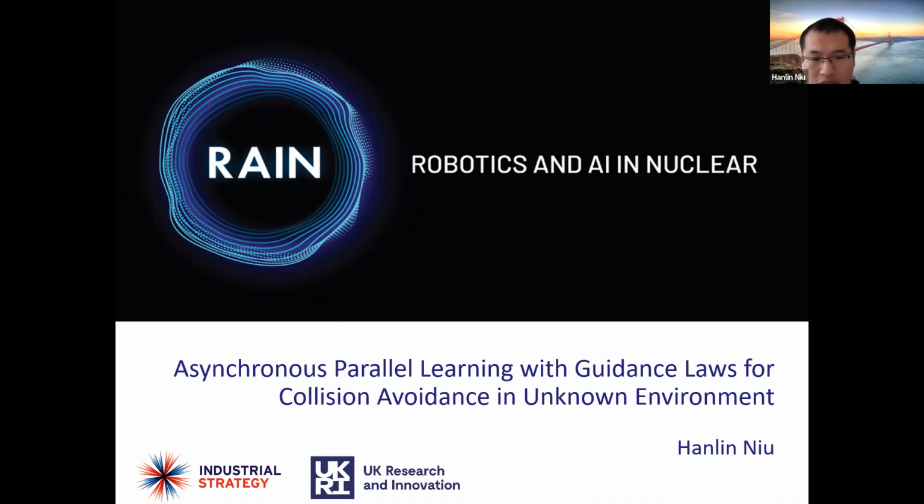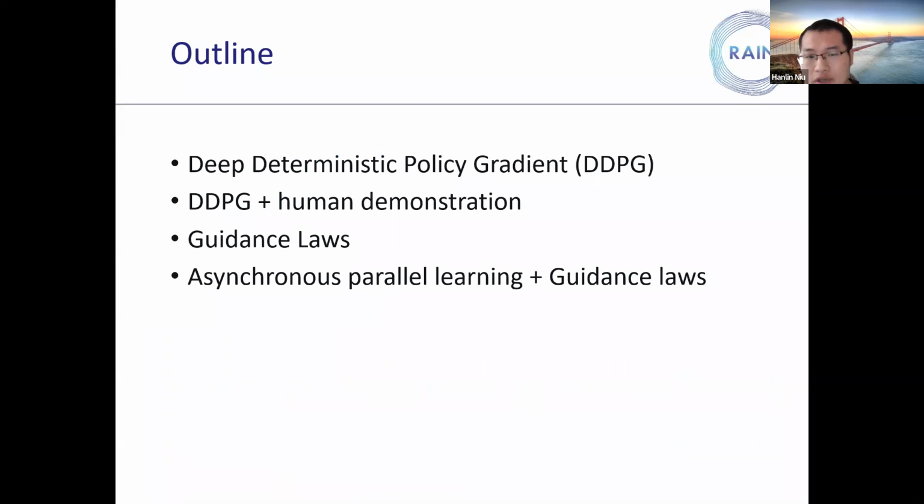My presentation topic is asynchronous parallel learning with guidance laws for collision avoidance in unknown environments. The target robot platform is a mobile robot. However, we can also implement these algorithms on manipulators. First, I will introduce the basic algorithm, deep deterministic policy gradient, which we call DDPG.